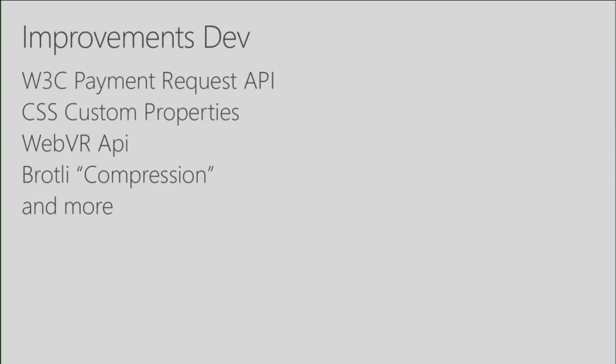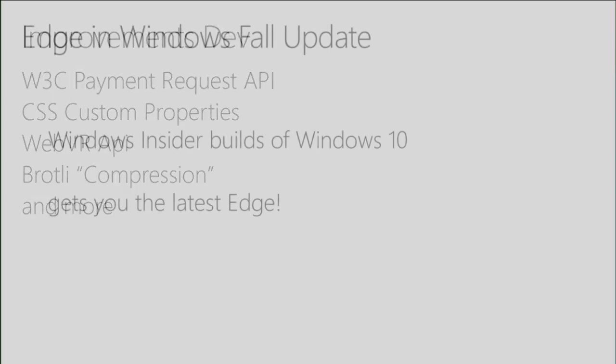Things like CSS custom properties and also web VR. I'm sure you guys saw some of the cool virtual reality headsets and controls in the keynote. So that's been improved and made available with the web VR API, and then different compressions and even more. And there's a whole long list I'll show you guys.